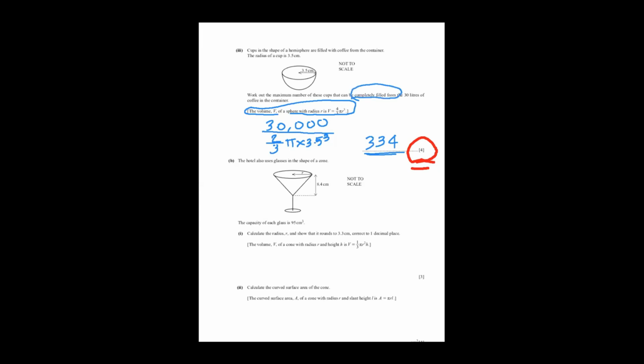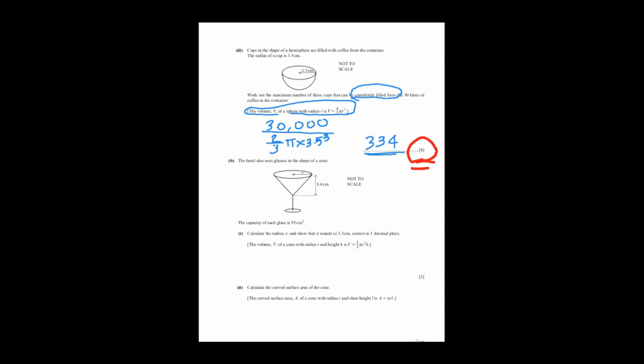We don't want to round it. Completely filled means we take the base value, so even though we get 334 point something, the answer is 334.